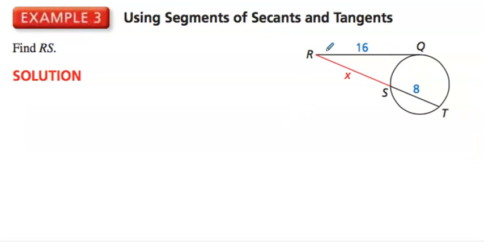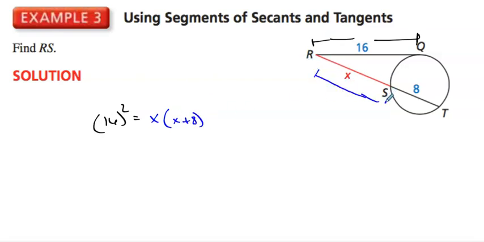And let's see what we got here. Here's the tangent, so we're going to do 16 squared is equal to, again, this is going to be x times the sum of those two, which is x plus 8, right? First time we're using x, and the second time we're going to use the entire thing, which is just x plus 8 there.